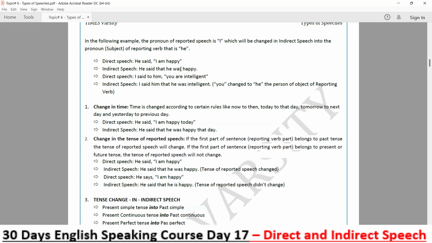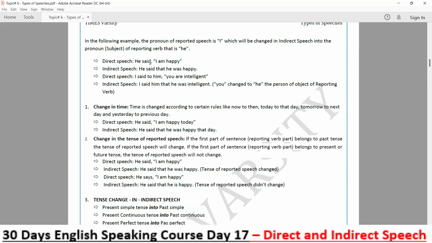So you can see, if the direct speech is in present continuous, then the indirect speech is in past continuous. In direct speech, we are using the quotation marks, but in indirect speech, we are not using any quotation marks, but an additional word that is used.